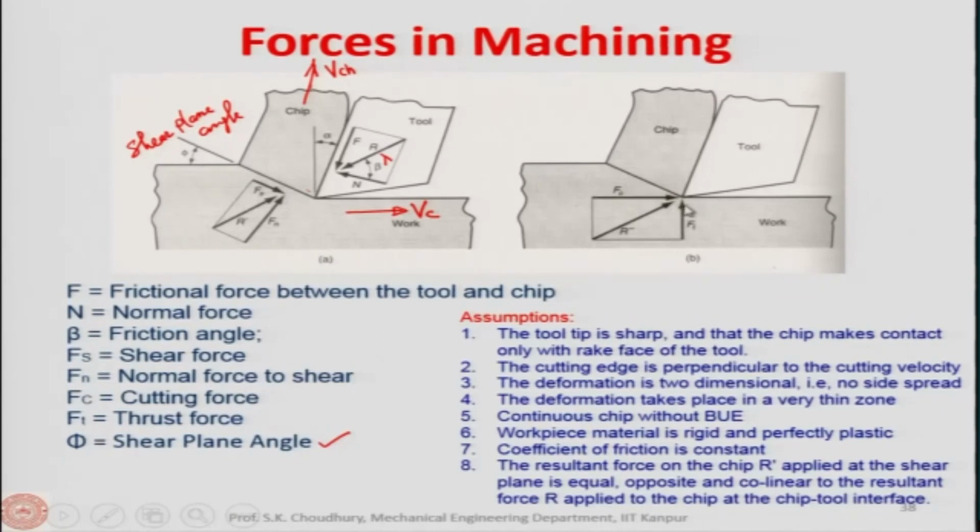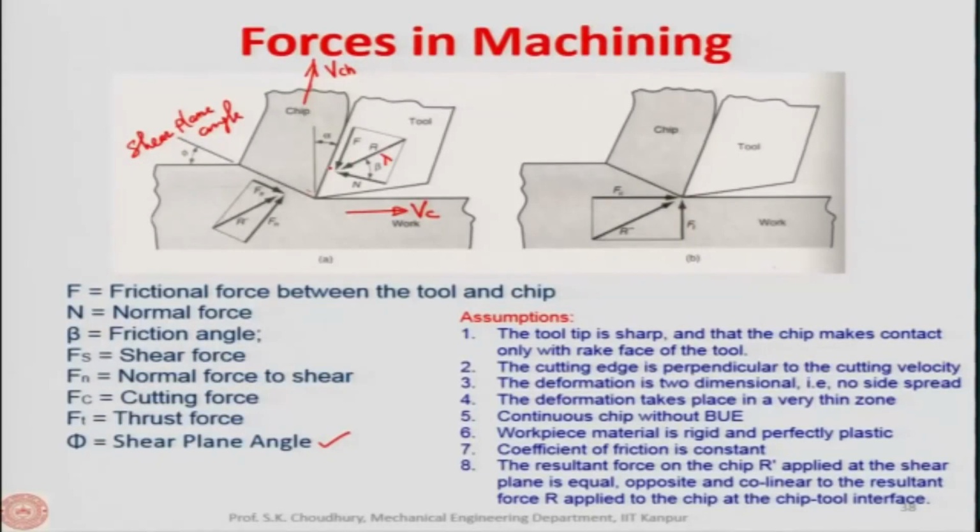Now, before going to that, let me explain that because of the change in the shear plane angle and because of alpha, when the shear plane angle is changing or alpha is changing, the resultant forces will change. You can understand that.